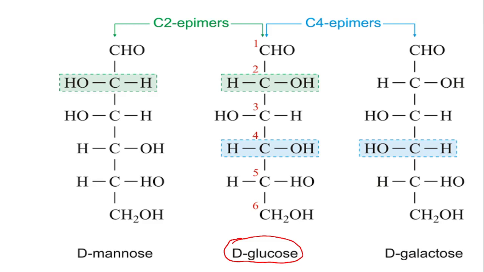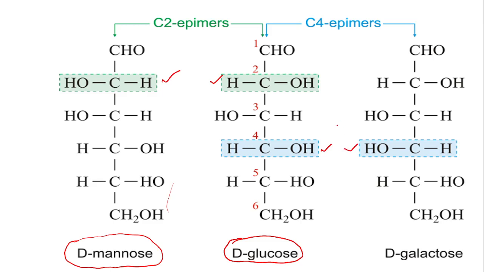Now, if you look at the difference between glucose and mannose, you need to understand that they are only differing at carbon number 2. So there and there. That's where there is a difference between glucose and mannose. Then when you talk of glucose and galactose, the only difference is carbon number 4, which is this one and that one.